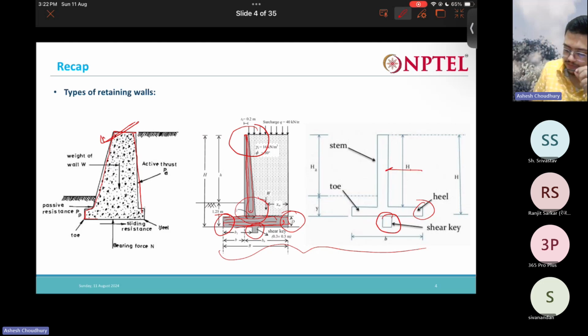Due to the lateral force there is a tendency for the retaining wall to slide, so to increase the sliding factor of safety we use the shear key. There is some passive resistance of the soil that develops at the shear key, so the factor of safety for sliding increases. This is the main use of the shear key.